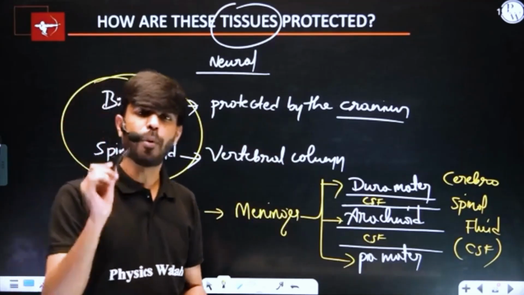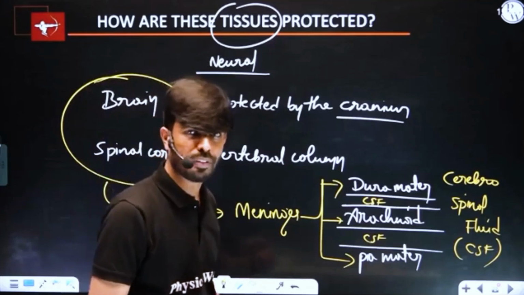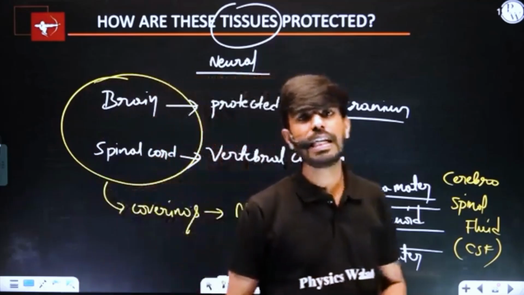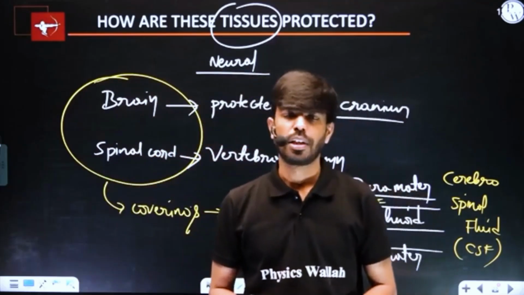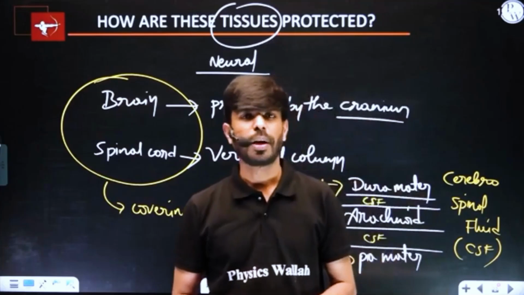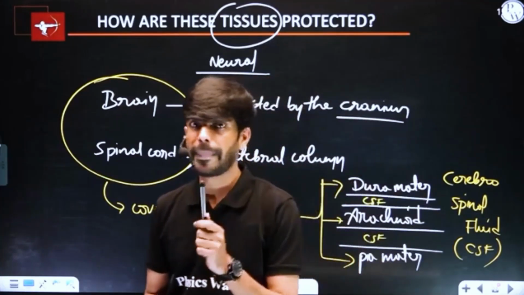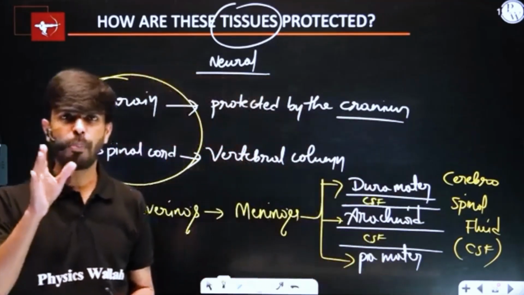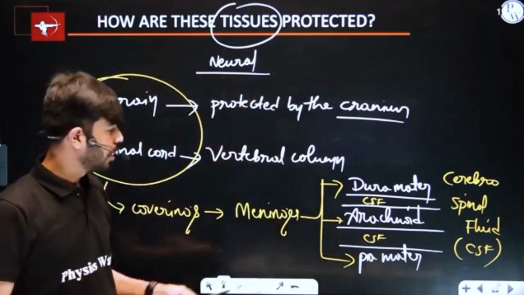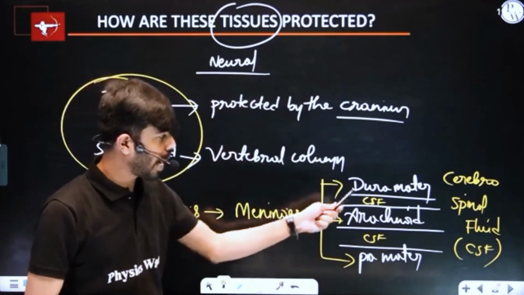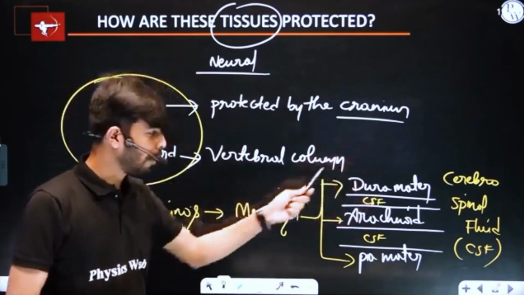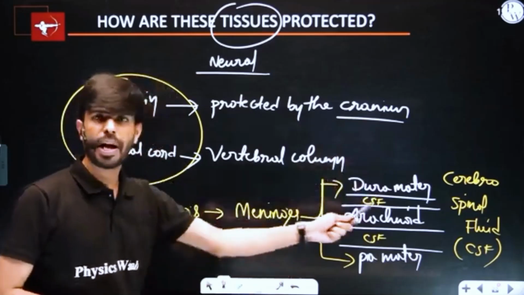Next, both brain and spinal cord are covered by three layers of covering. Those three layers are called meninges, an envelope of brain and spinal cord. The three layers are the outer duramater, middle arachnoid, and inner piamater.